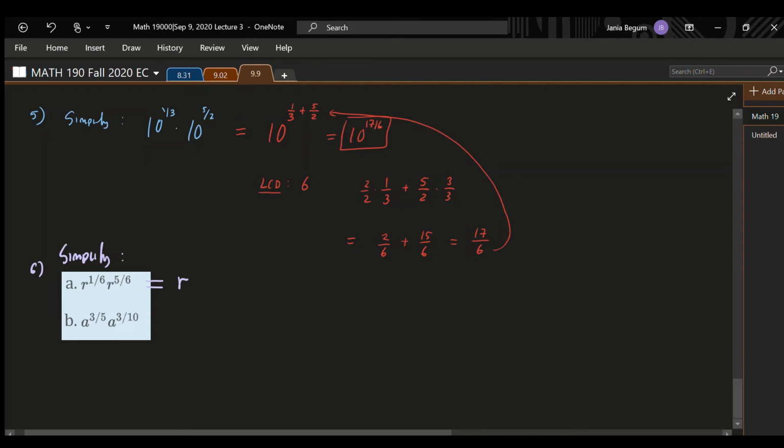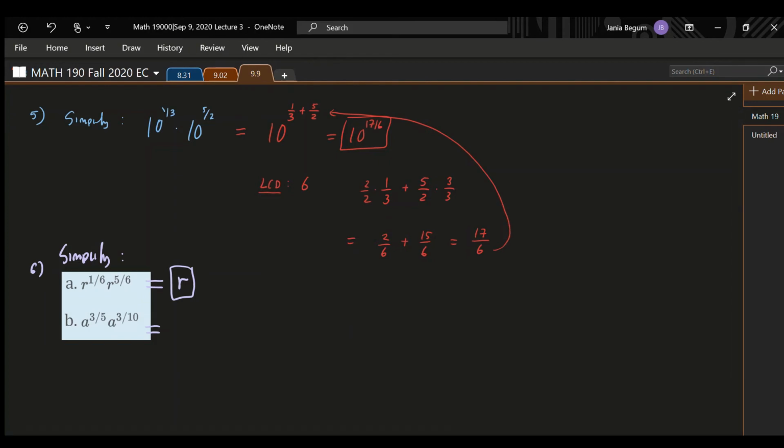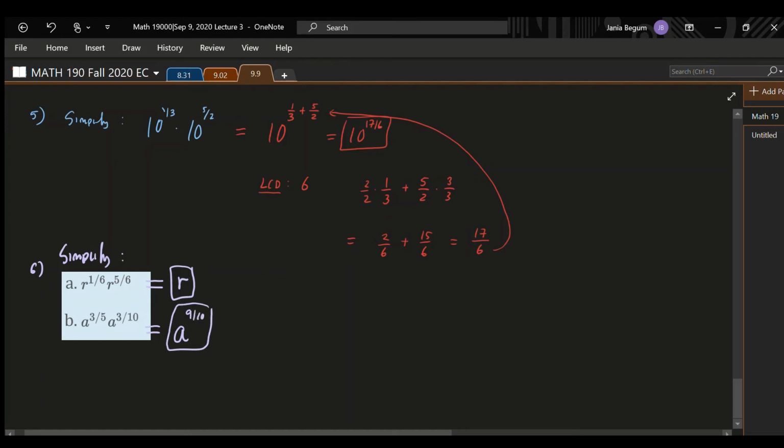So this is just r. Now, what do you guys have for part B? A to the 9 over 10. All right, looks good, right?